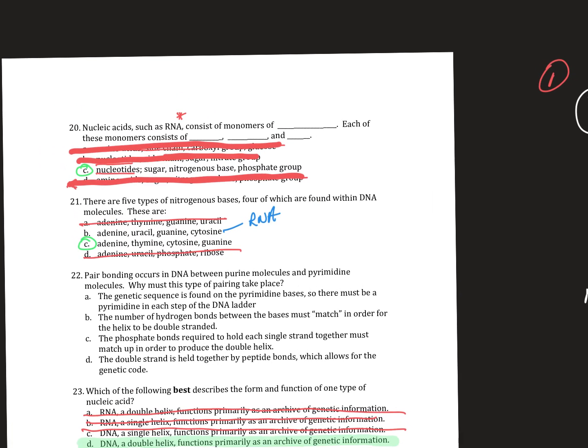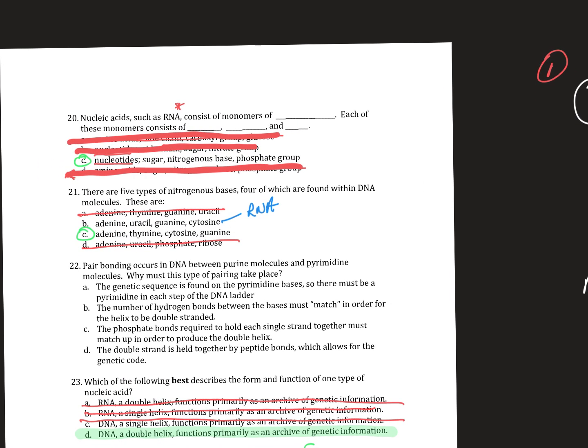So there are 5 nitrogenous bases. There's 5 of them. ATGC in DNA, AUGC in RNA. I said 4 of which are found in DNA. What are they? A, let me underline this, or let me highlight it. Maybe that's better. Look at it. A, you know what?